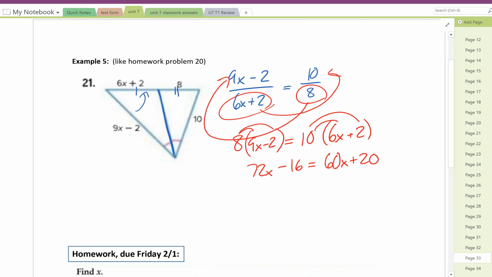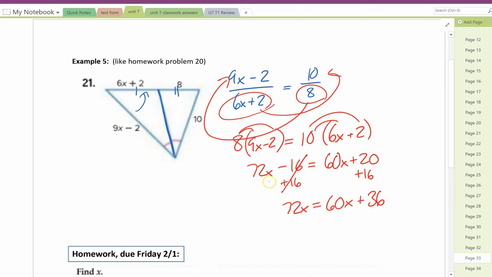And now I'm just going to combine like terms. I have a couple of options of how to do that. I'm just going to start by adding 16 to both sides to get the numbers off of the left side of the equation. So those are going to go away. What that leaves me with is 72x being equal to 60x plus 20 plus 16, which is 36. Now, because I've moved numbers off the left side, what it means I'm doing is I'm trying to put all the X terms over here.